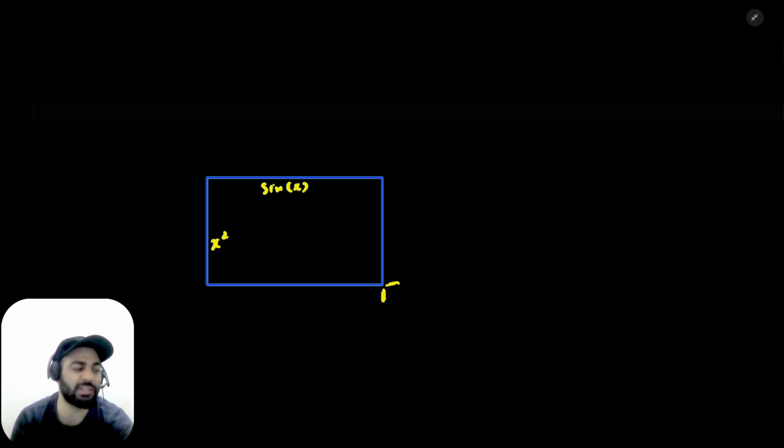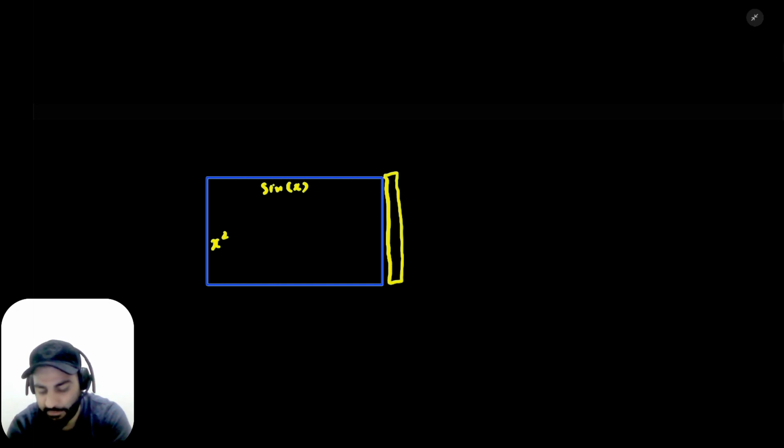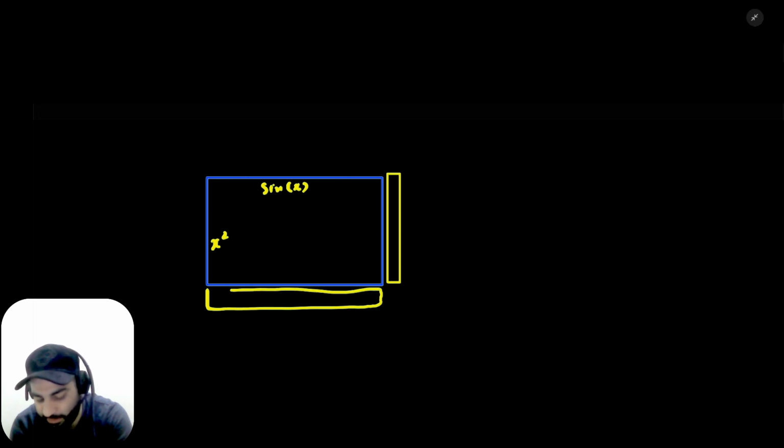What will be the change in area? That I want to show you. Here I'll have a strip, the area will be added like this. The change in area will be something like this. This will happen from this side, and this side will also increase in area, and we'll have this strip as well.